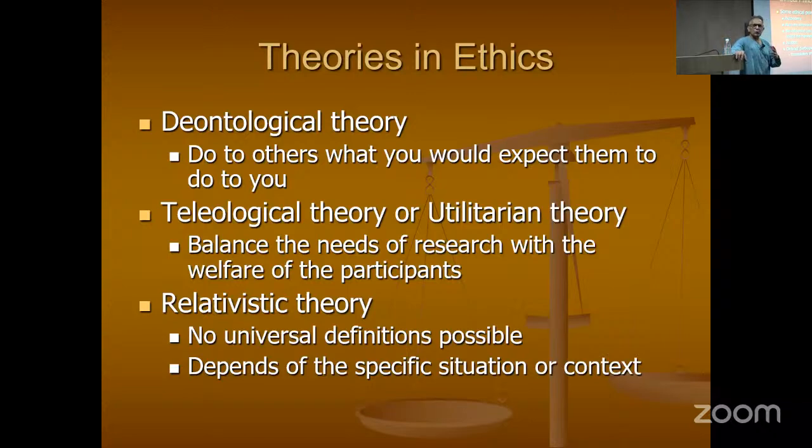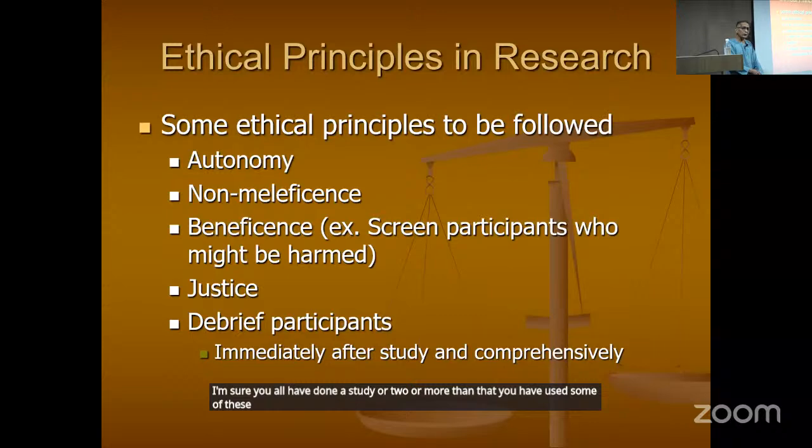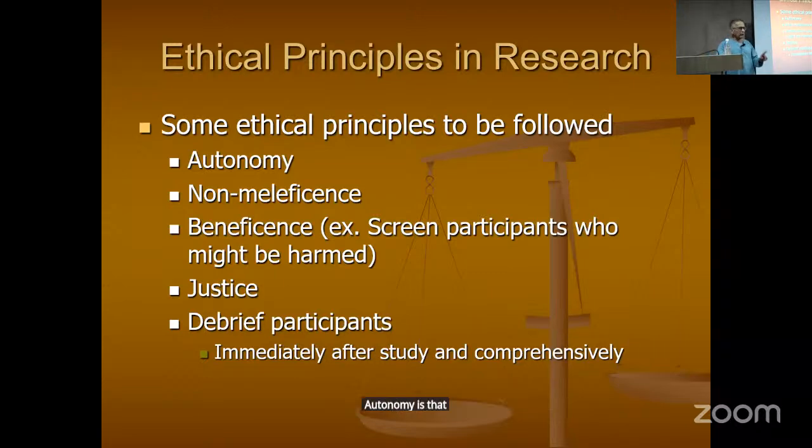What are some common ethical practices that we use in research? I'm sure you all have done a study or two or more than that. You have used some or all of these principles. One is autonomy. Autonomy means that your participant, whoever that might be, in your survey or your experiment, has autonomy.